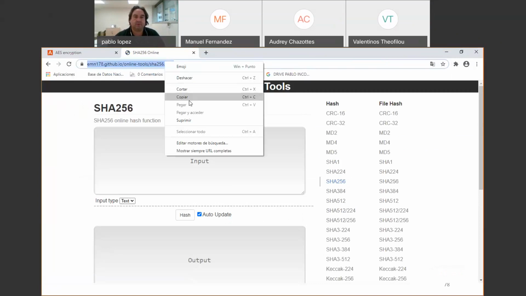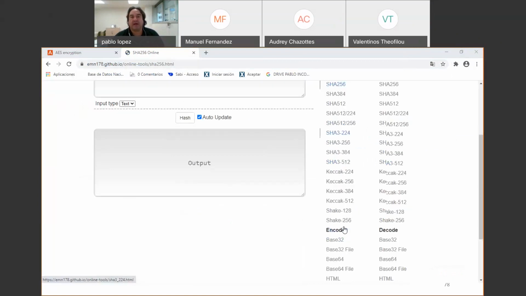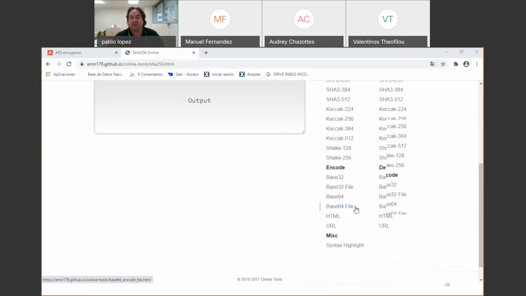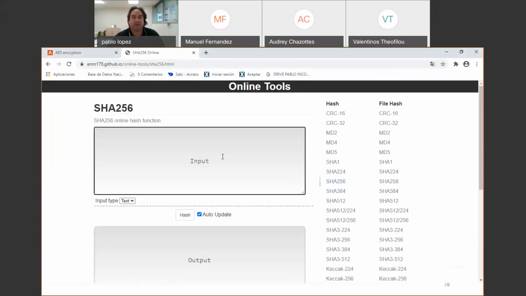Let's put it in the chat. And here we can play with different algorithms and see how we can code and encode differently. So it's quite useful and fun. You can find it in real time.